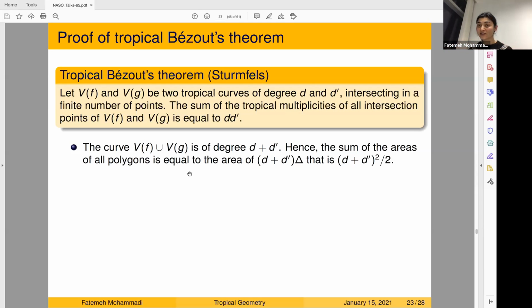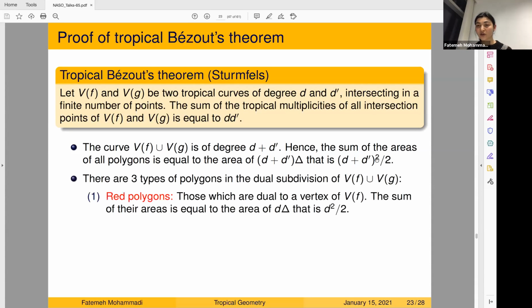So if I look at the dual, the subdivided Newton polytope, I have to draw a triangle whose edges are of length d plus d prime. The sum of all these areas, the area of this triangle, should be d plus d prime squared divided by 2.